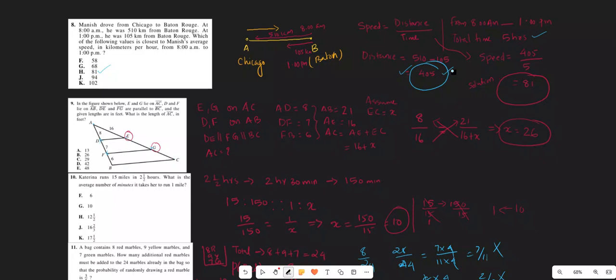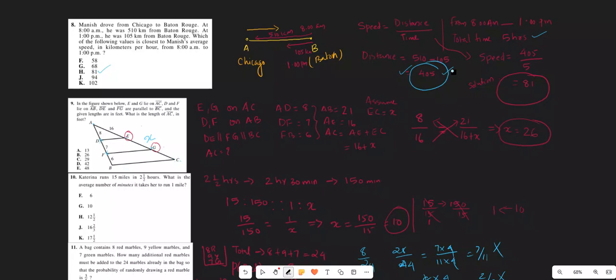AC is the combination of A to E and E to C. So assume the length of EC is X. So the total distance is 16 plus X. So the ratio between these two sides, that is 21 over 16 plus X, can be the same as the ratio from a similar triangle from the shape.